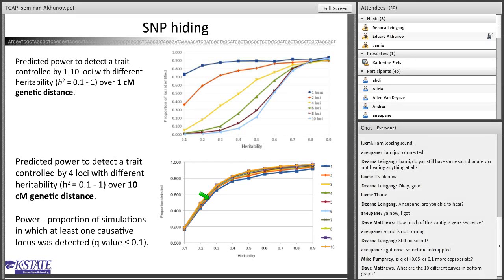These are the probabilities of finding a marker within these centimorgan distances. These are the genetic intervals that I think we scanned. So the 1 centimorgan window to 10 centimorgan window.